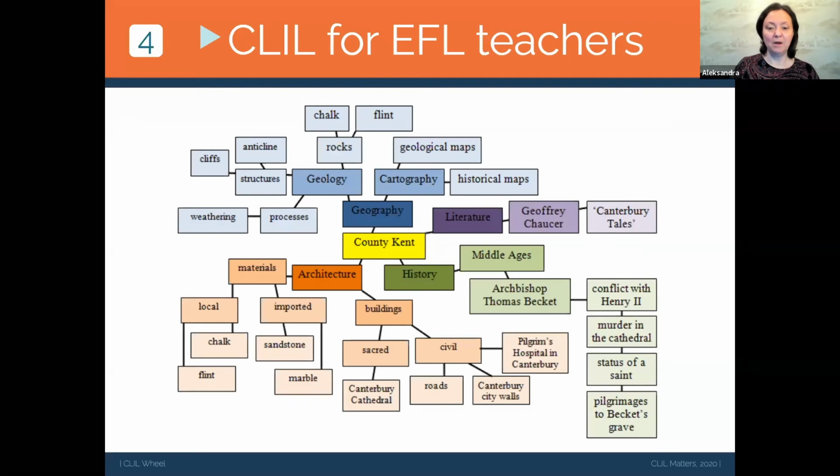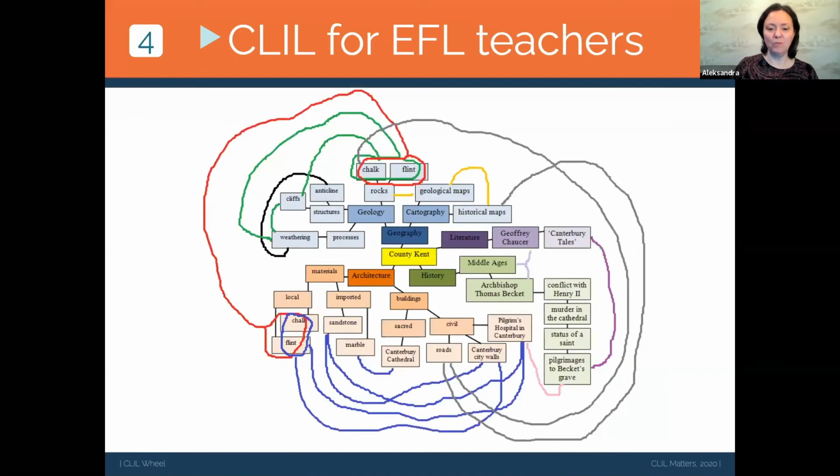But maybe architecture is something that is interesting. I can look at materials, local materials. I can look at the buildings, church buildings and other buildings. And what is brilliant here is that I can show my students how elements of different disciplines are connected.